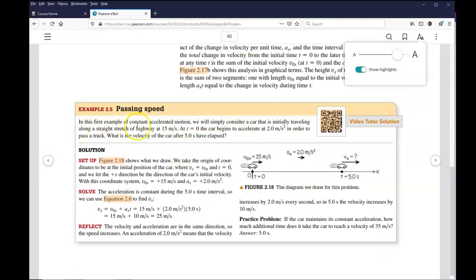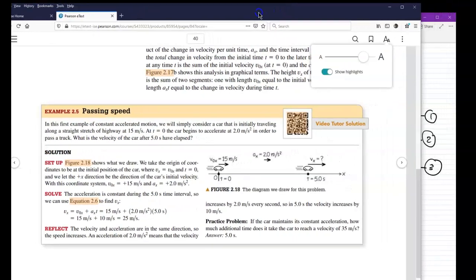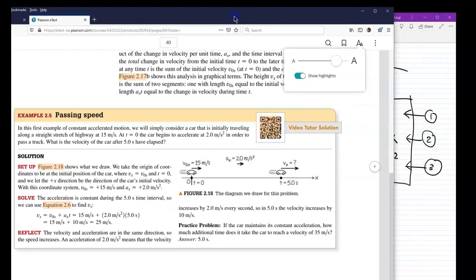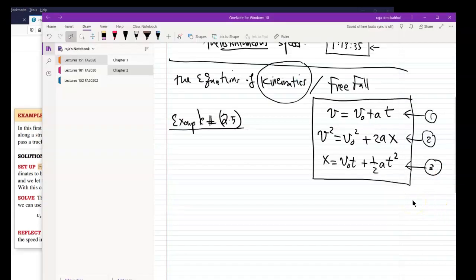It basically says the following. In this first example of constant accelerated motion, we will simply consider a car that is initially traveling along a straight stretch of highway at 15 meters per second. Okay, so we want to write down what's given to us. Let me move this away a little bit here and write down what's given to us. So we have a car, and V naught equals 15 meters per second.